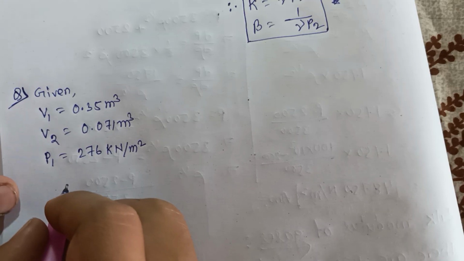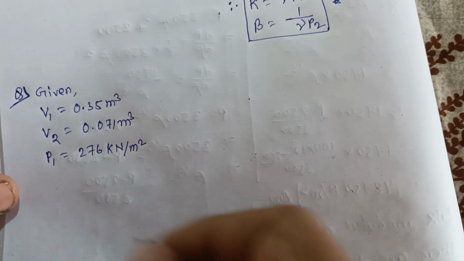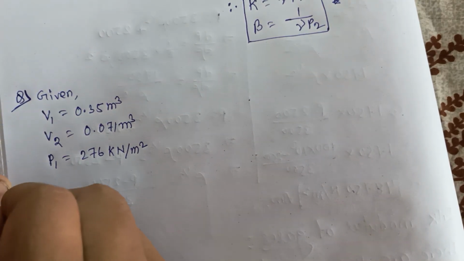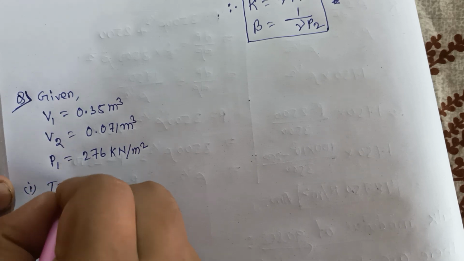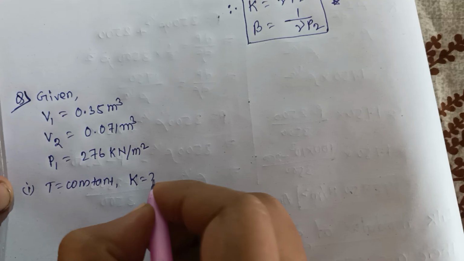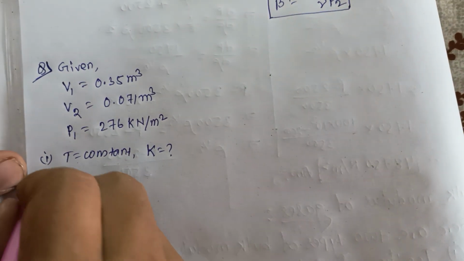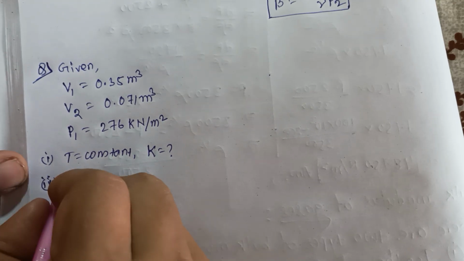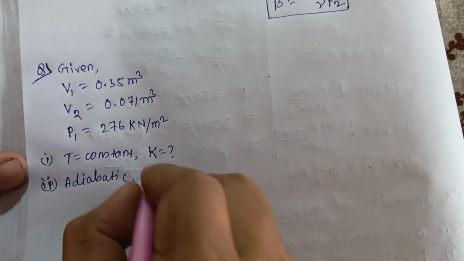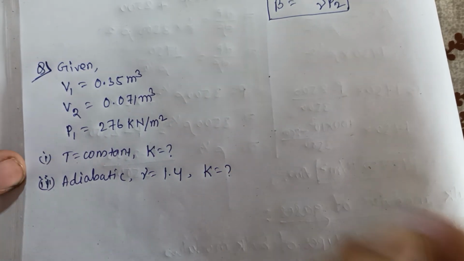You have to calculate the bulk modulus for the isothermal case, that is, for temperature constant. And in the second case, if this is an adiabatic process, gamma is given as 1.4, and you have to calculate the value of bulk modulus.